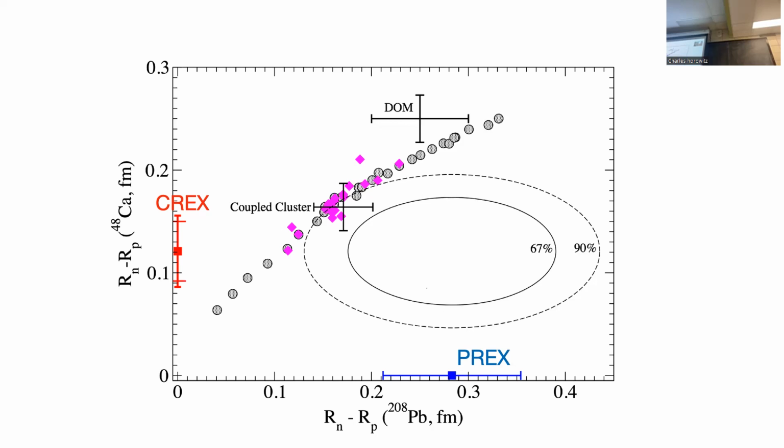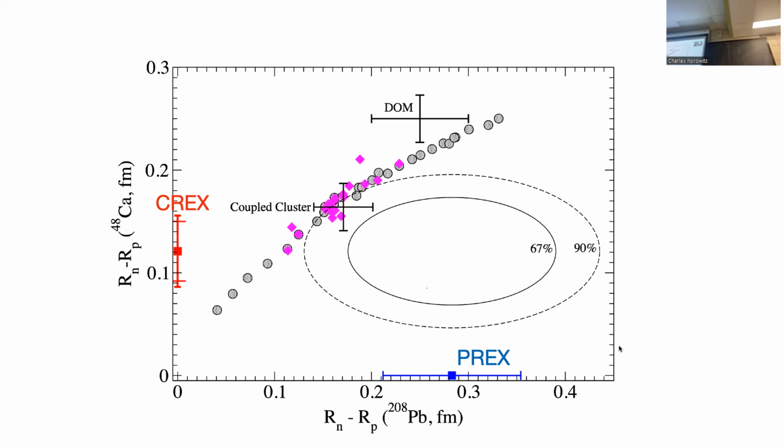Just a comment: assuming that you do the equation of state that actually has dark matter inside, should it increase the pressure and go closer to the PREX regime? I mean, quark matter happens presumably at higher densities.